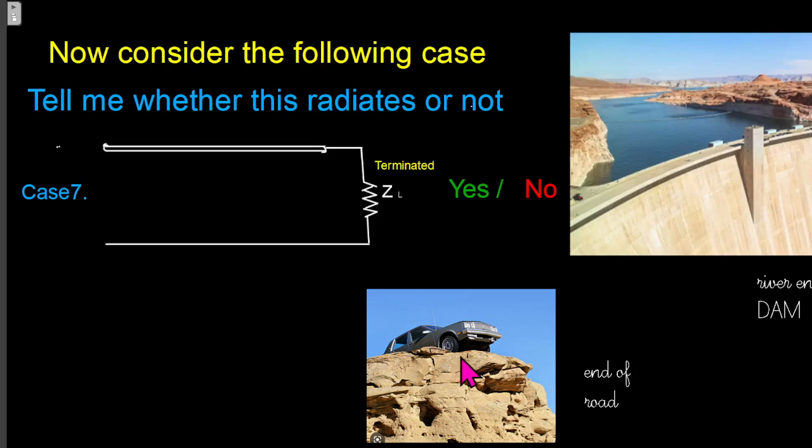And here is the dead end of this road, at the cliff. You would be struggling a lot and wasting your energy there to come back or something like that, right? So here the energy is lost, so radiation occurs.